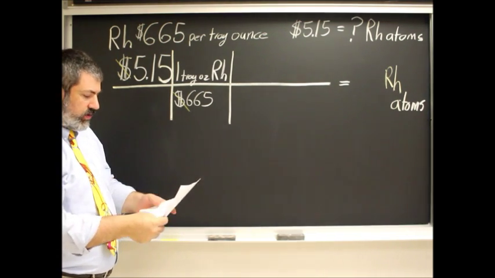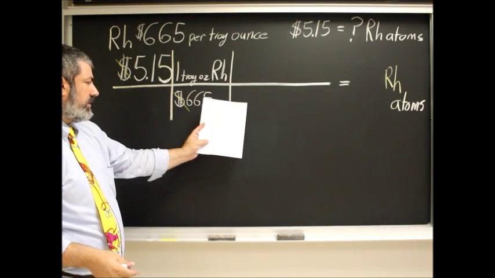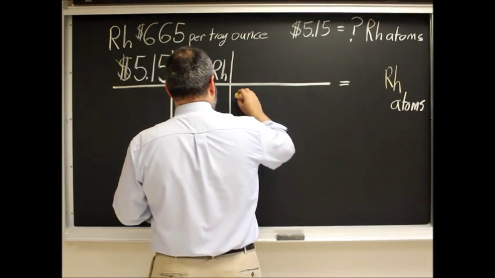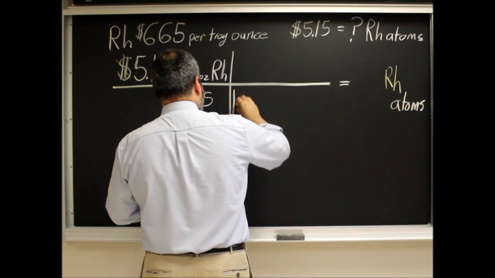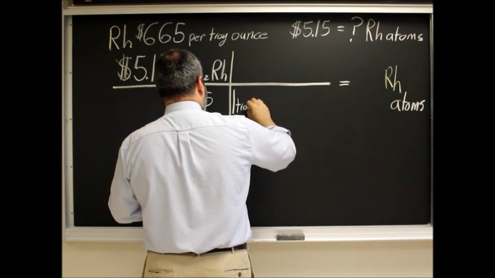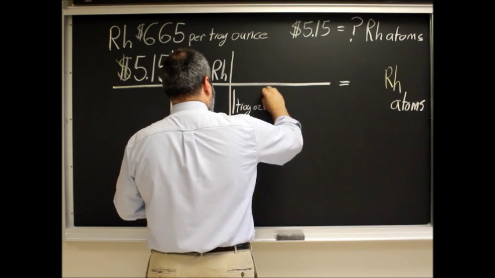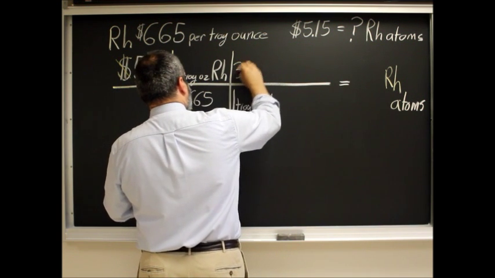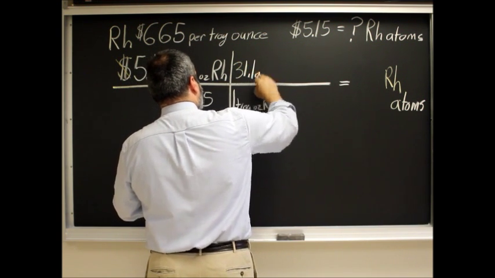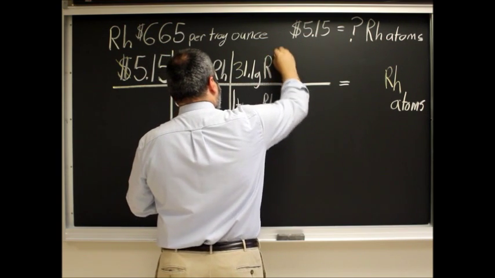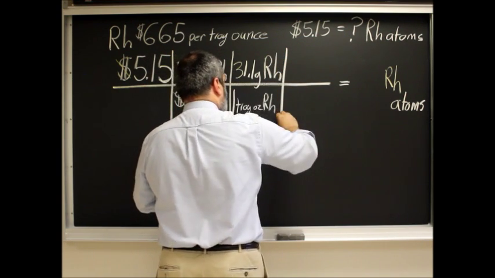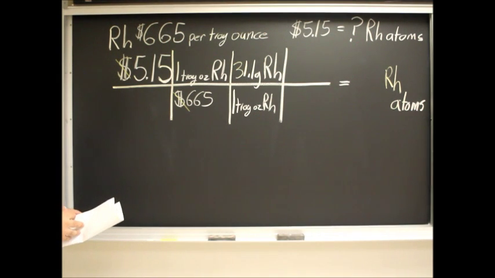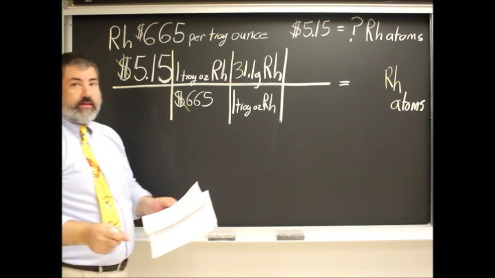And what I gave you in this problem was the fact that 1 troy ounce of rhodium is equal to 31.1 grams of rhodium. We're not done yet.